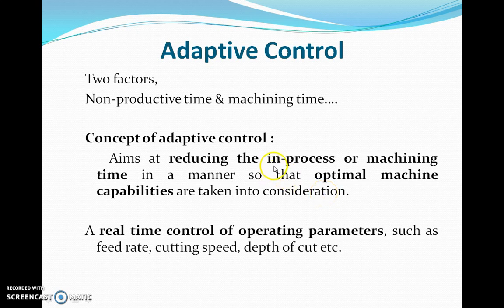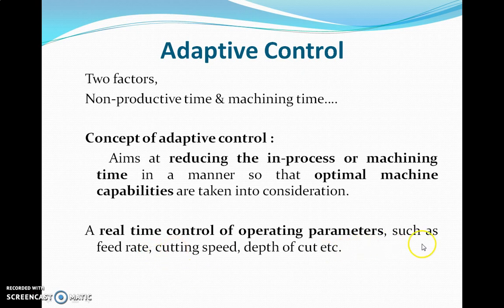Okay, so we are going to focus on in-process or machining time. During machining, whatever parameters are there, we are going to control them so as to utilize the optimal machining capabilities. Right? This we are going to do in real time.